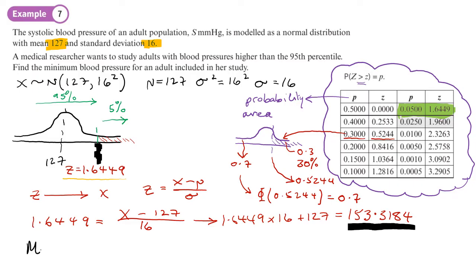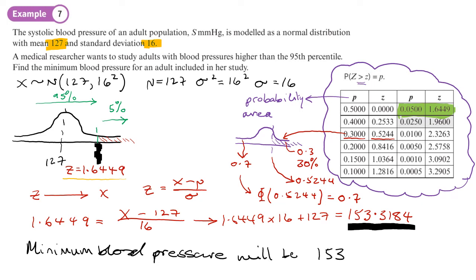So the minimum blood pressure will be 153 mmHg, and that would be the answer to our question.